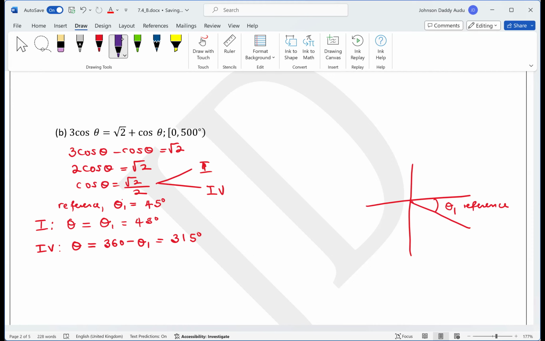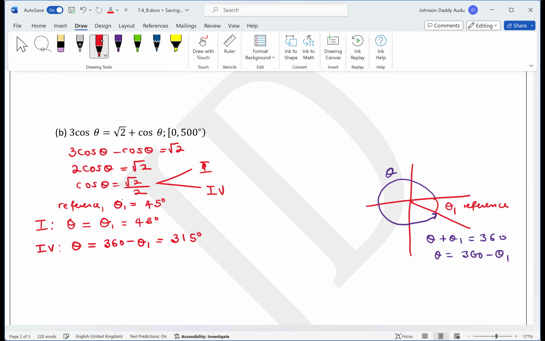But if you want the standard position, you have to go this way. So this is actually what we are interested in. So you see that theta plus theta 1 is equal to 360. And it means that theta is 360 minus the reference, right? So that is why we have this.